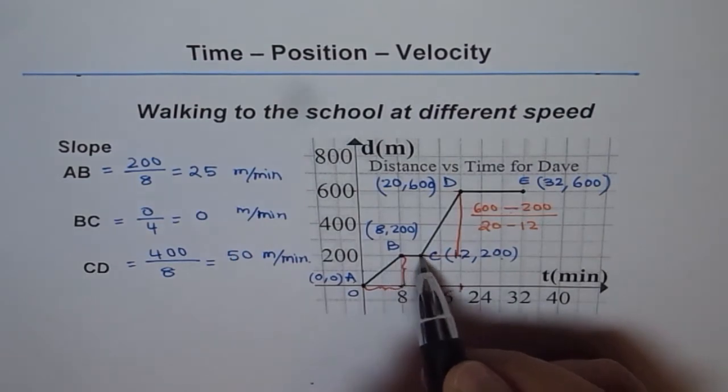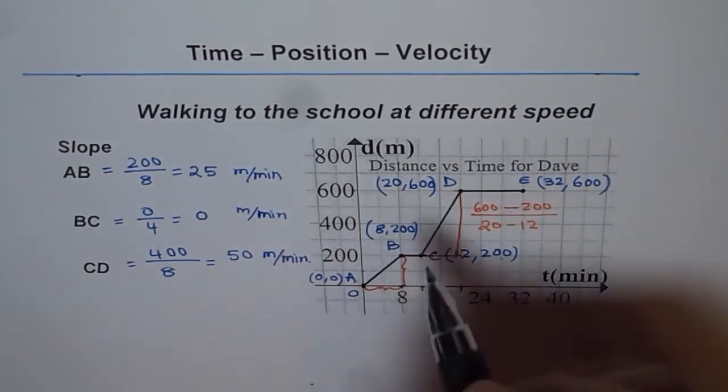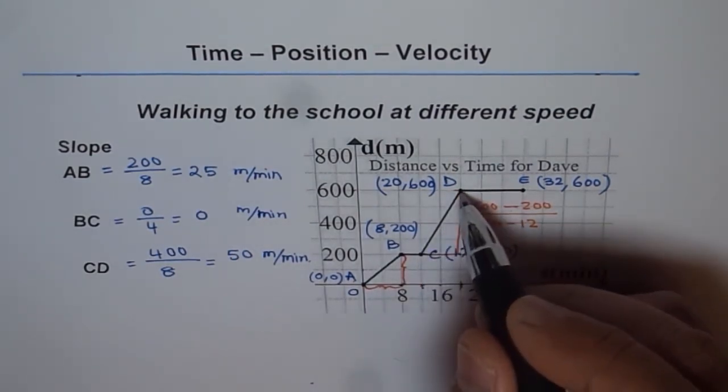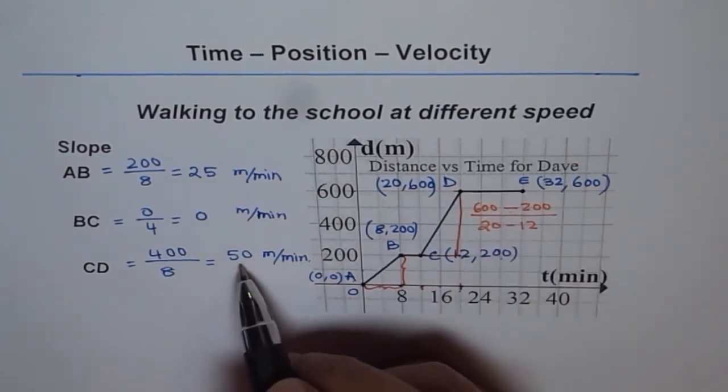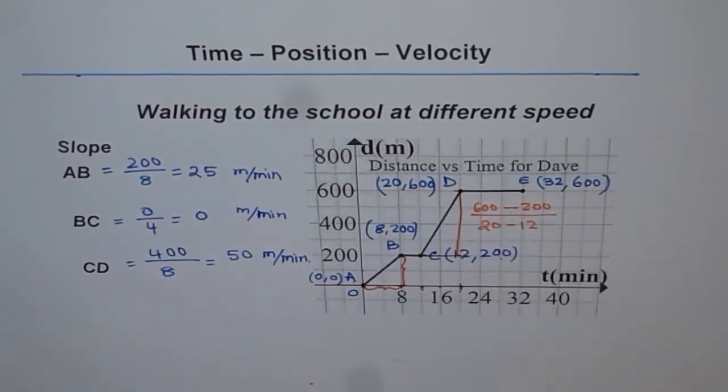Then he stops for 4 minutes and walks faster towards the school at a rate of 50 meters per minute, right? So all this information helps us to describe our graph better, right?